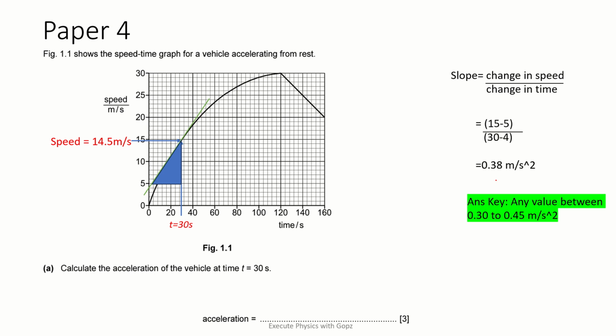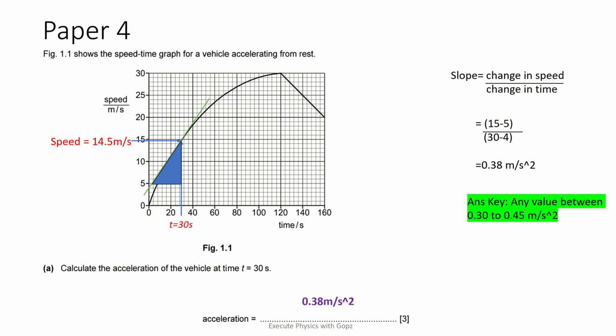So according to the tangent I have drawn and the slope that I have taken, the answer is 0.38 meters per second squared. Since it falls under the given answer key range, it is correct. So I hope you have understood how we take the slope and find out the acceleration for such kind of graphs.